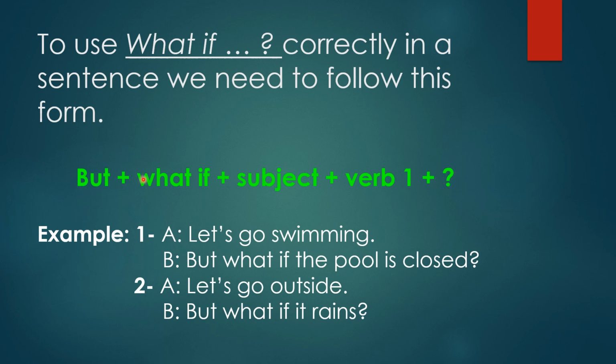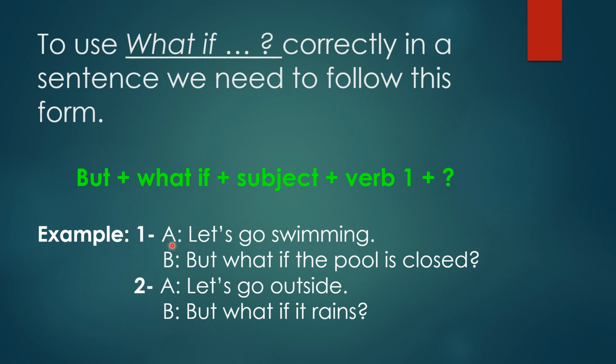Again, but and what if and a subject and a verb 1, then comes the rest of the sentence, and at the end, which is very, very important, the question mark. Let's have an example here. First one, A and B are people having a conversation.